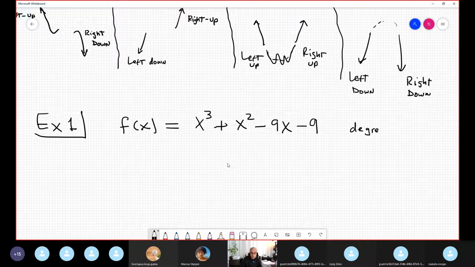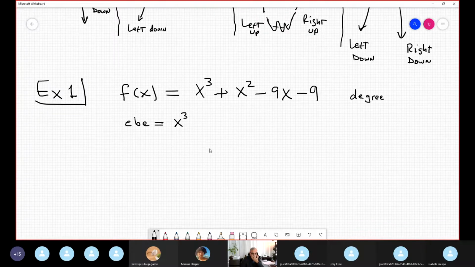The end behavior expression is x cubic. I know very well the x cubic graph looks like that. In other examples it's different, but this is like that.